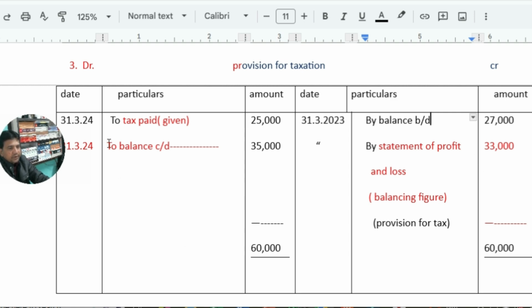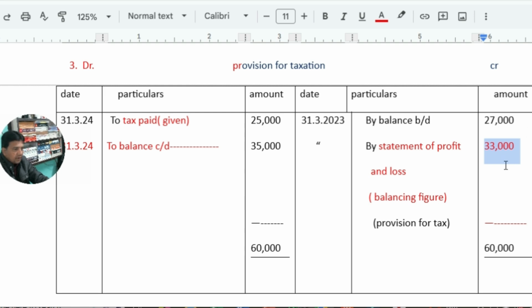Closing balance here, this one 25,000 given. Tax paid is written on the debit side always. So tax paid amount given in the adjustment 25,000. Then the totaling 60,000. So the debit side is greater than credit side. The 33,000 is the calculated value, the difference 60,000 minus 27,000.